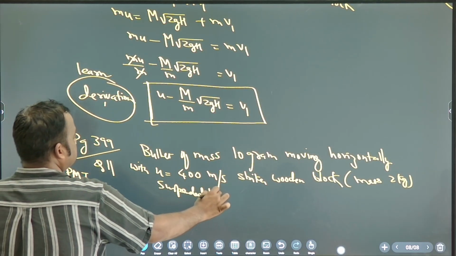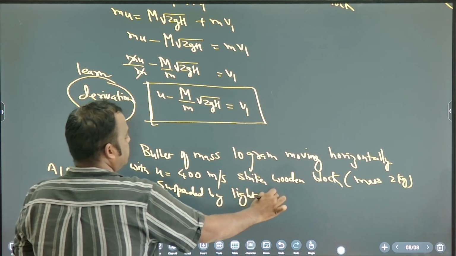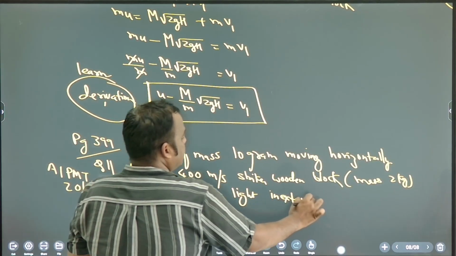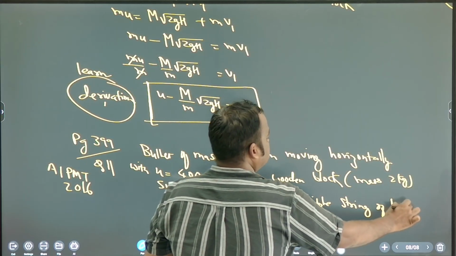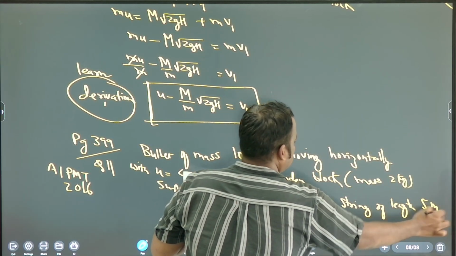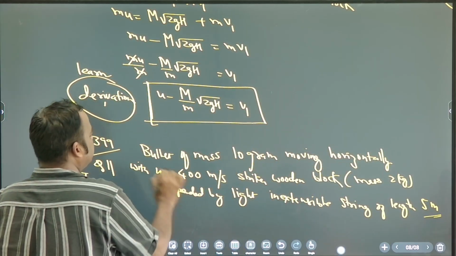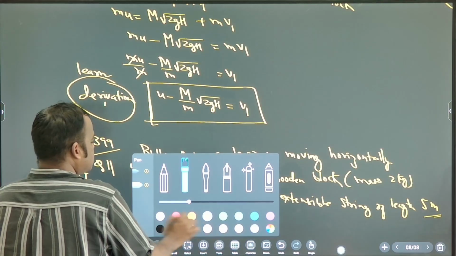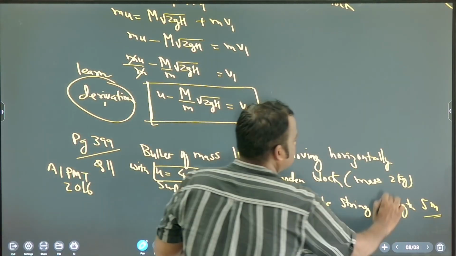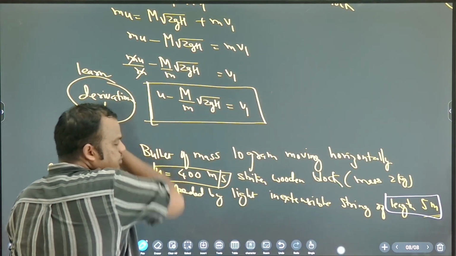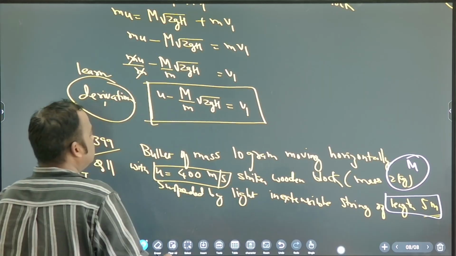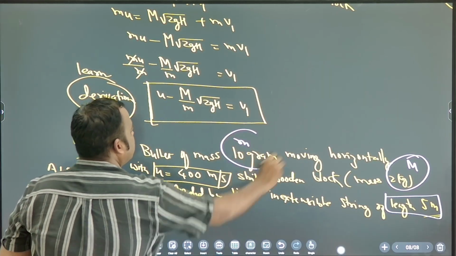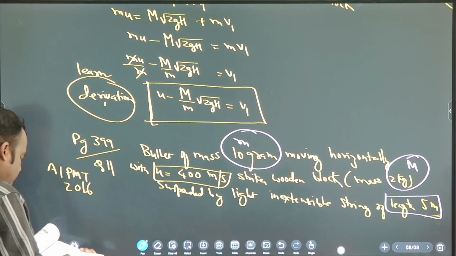So you pick up the values. What is the u given? 400. And what is the L given? 5 meter. What is the mass of the block? 2 kg. Mass of bullet, small m, 10 gram.